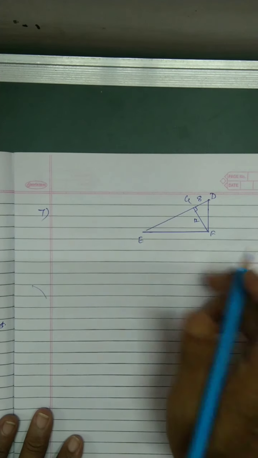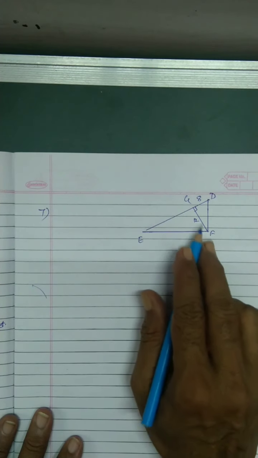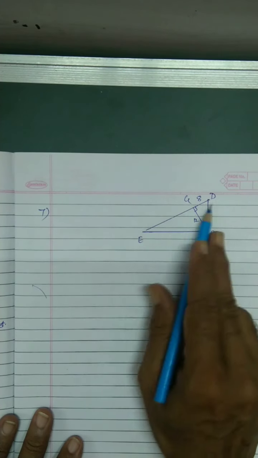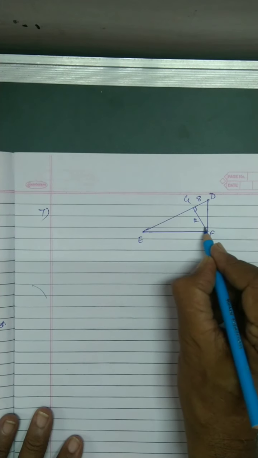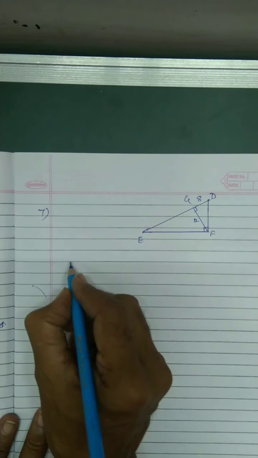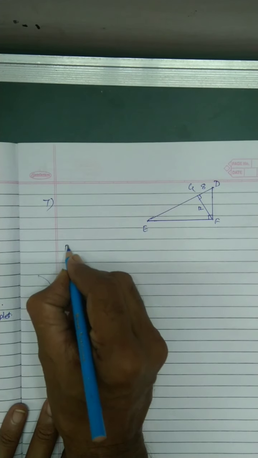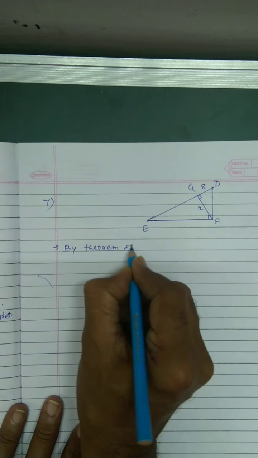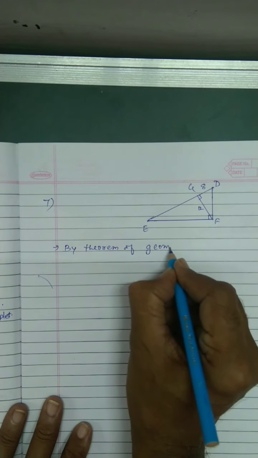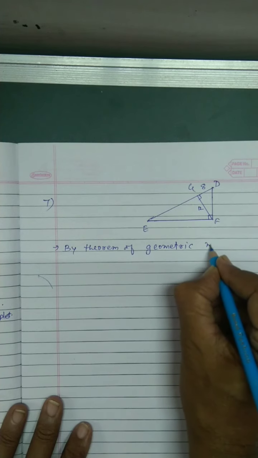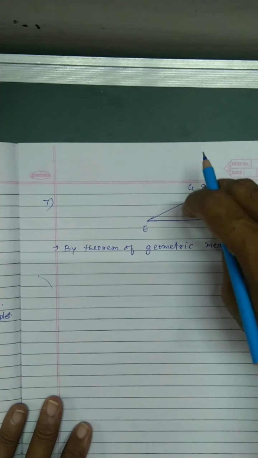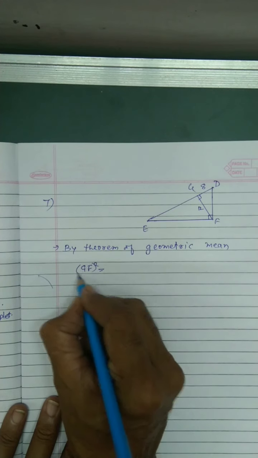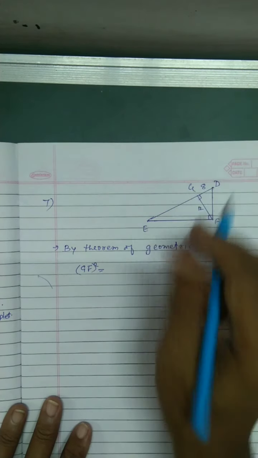Now we see this example. In the figure, FG is 12 and GD is 8. FG is perpendicular to GD. GD is the hypotenuse, and hence by the theorem of geometric mean, we get the square of GF is equal to GD into EG.